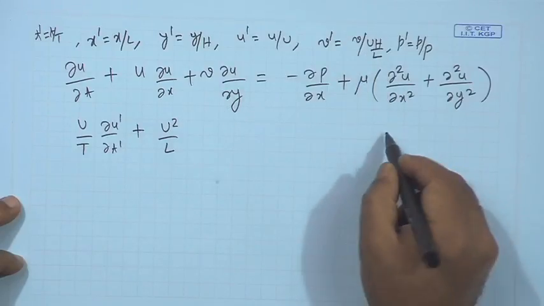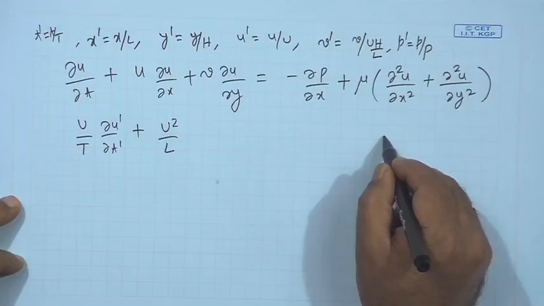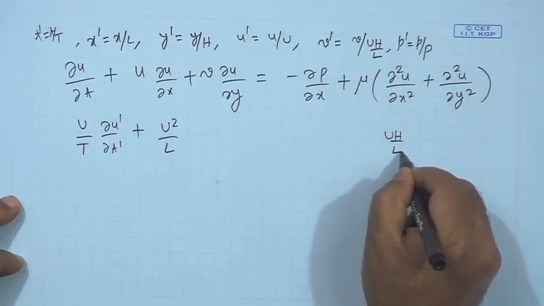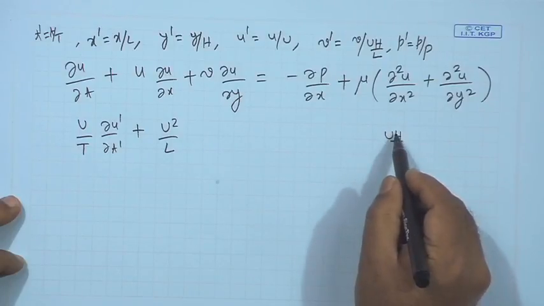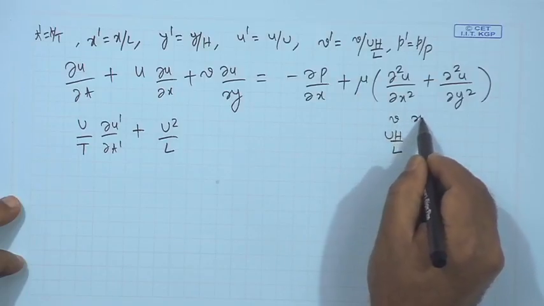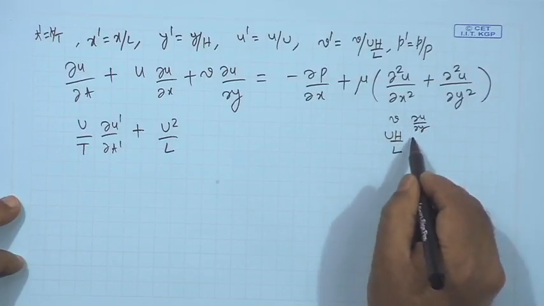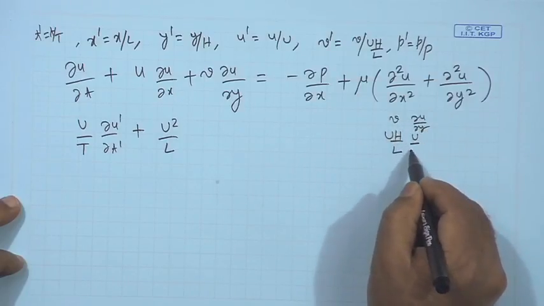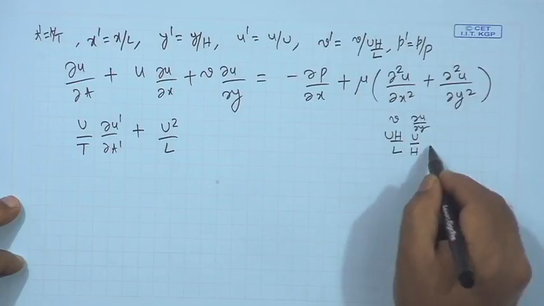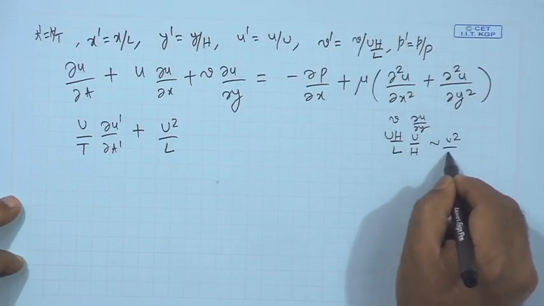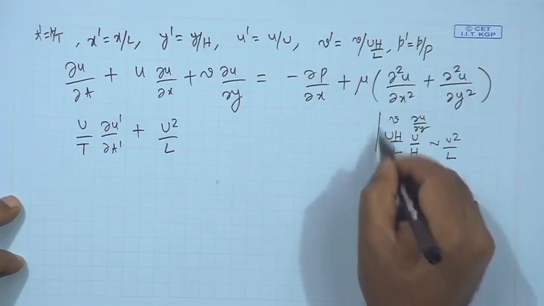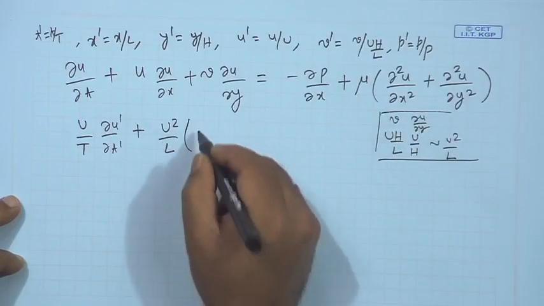So, V is producing UH by L, this is for V, and then we have dou U by dou Y. So, that will produce U by H. So, this is again we are getting U square by L.